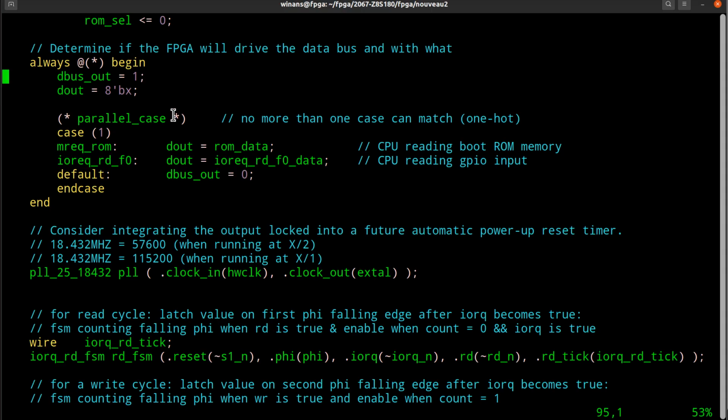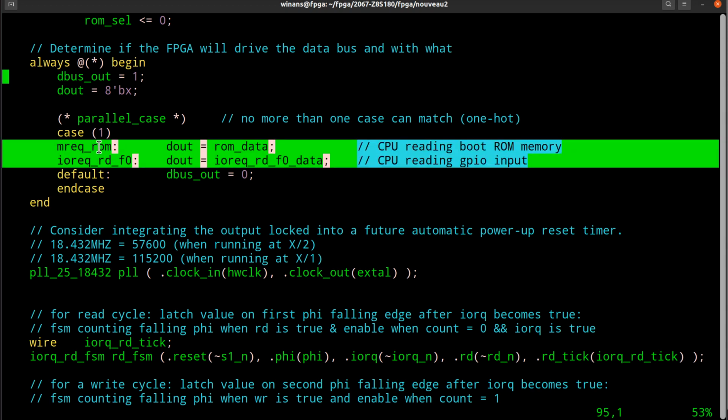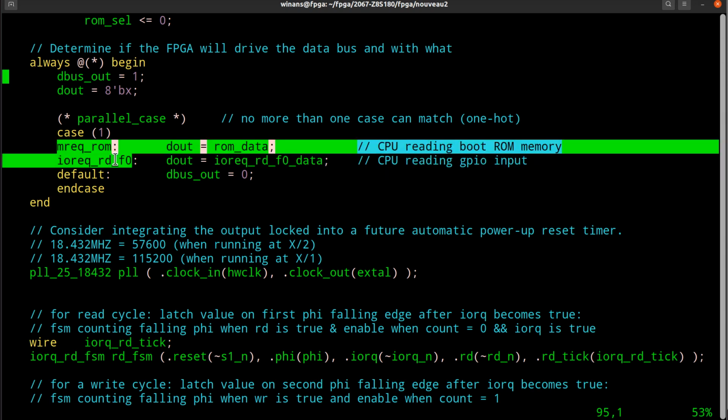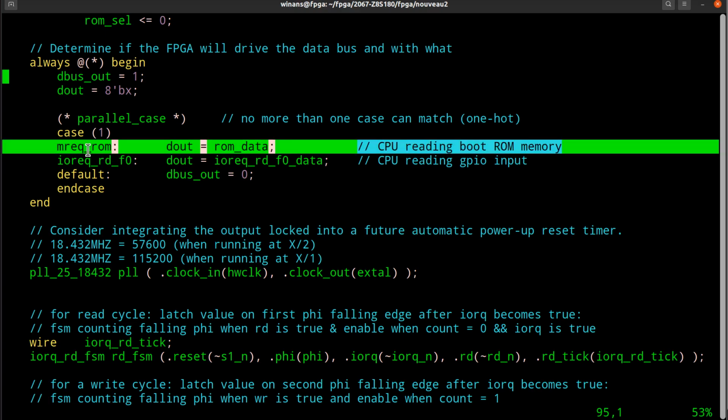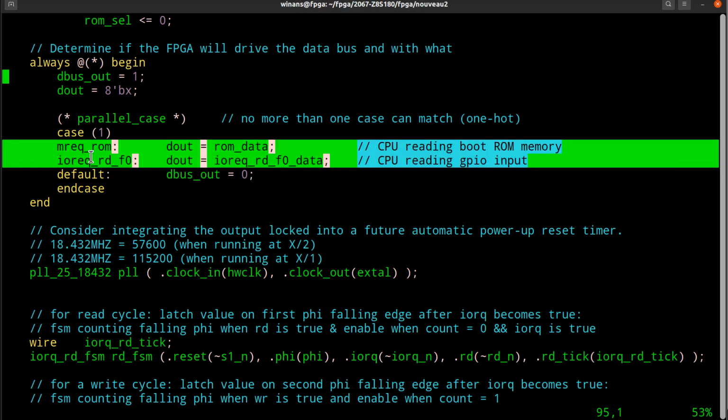Okay, so this is not a full case parallel case. This is just a parallel case, okay? This is not full because full would imply that one and only one of these would be true, and I'm not guaranteeing that. I'm guaranteeing that at most one of these is true, okay?